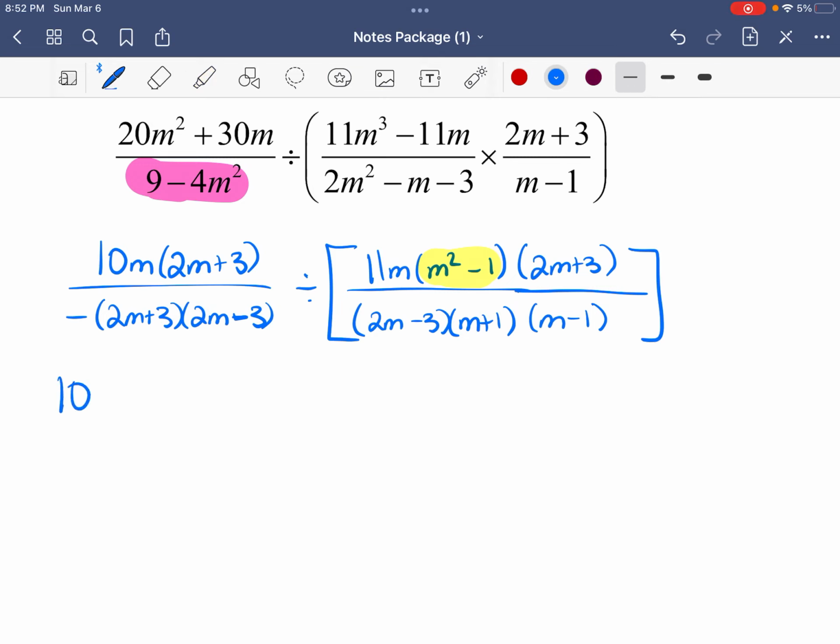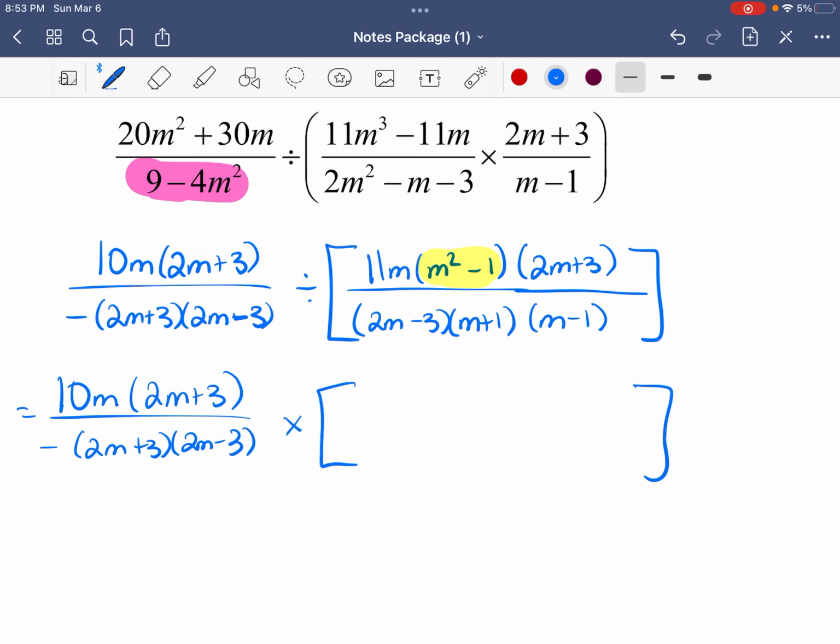Okay, so let's leave the first part. We're going to multiply by the reciprocal. So this entire part here, I'm going to highlight in yellow. That's going to become your new numerator.